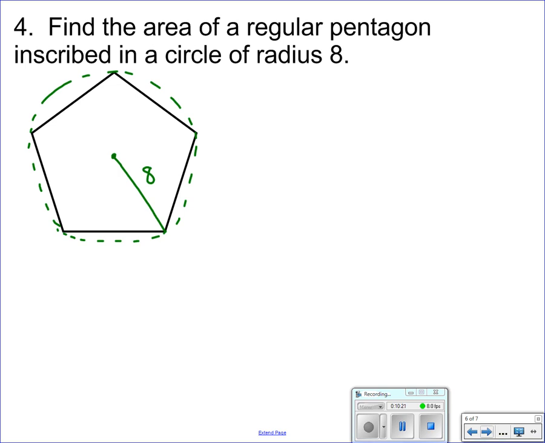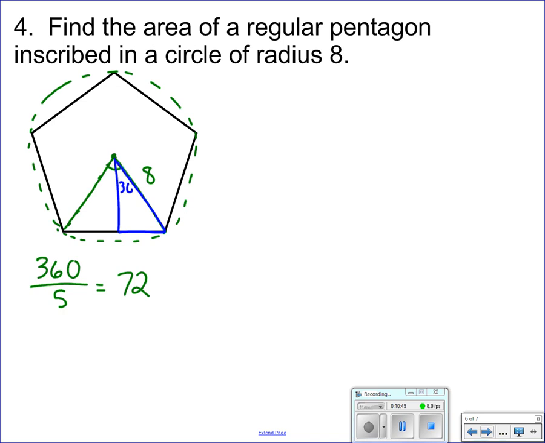So let's talk about what the central angle is. The central angle, or this angle here, is 360 divided by the number of sides, which is 5. That means that whole central angle is 72. 99% of the time, we're going to be dealing with half of that because we're going to be looking at that triangle.